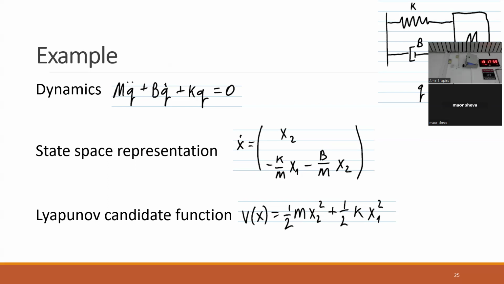So we can move everything to the right hand side: minus k divided by m times q, which is x1, minus b divided by m times q dot, which is x2.